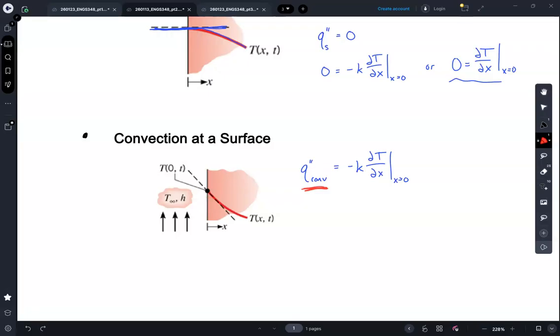So my convection here on the outside of the object is equal to the conduction that's happening just on the right side of that surface, just on the inside of that surface.